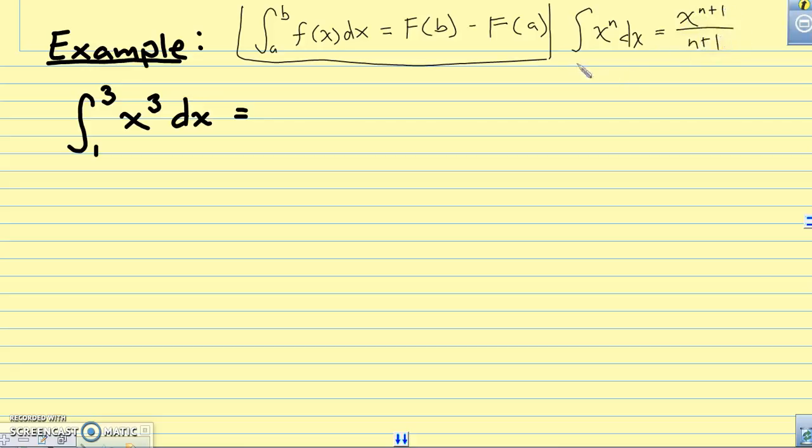So I'm going to put these two into play. So what I'm going to do is integrate x cubed using the power rule.